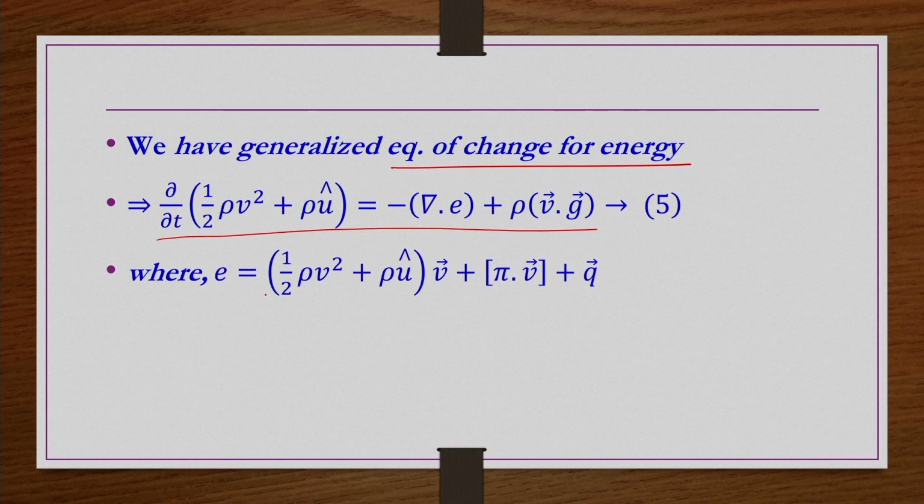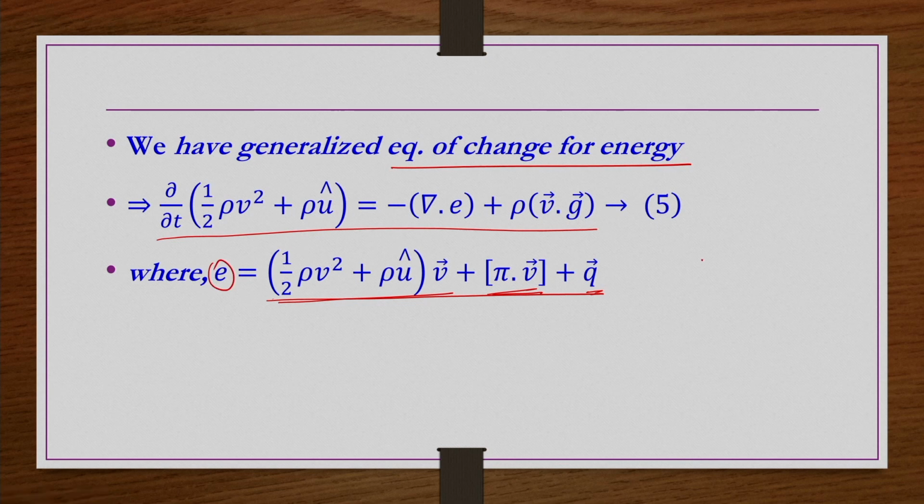Here E is nothing but this one. So, this term indicates the convection term, this indicates both the pressure and molecular forces terms. Molecular forces terms also include the viscous dissipation terms, etc., and this term indicates the conduction term, right. And this E, how many components are there?